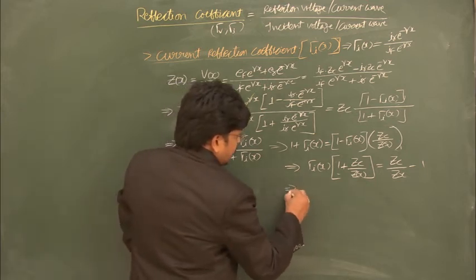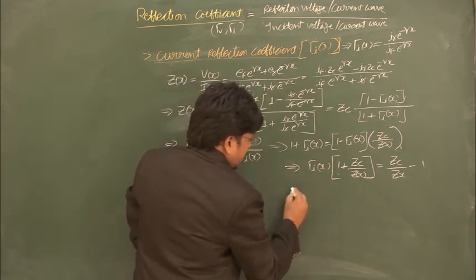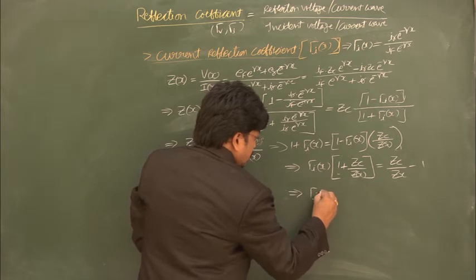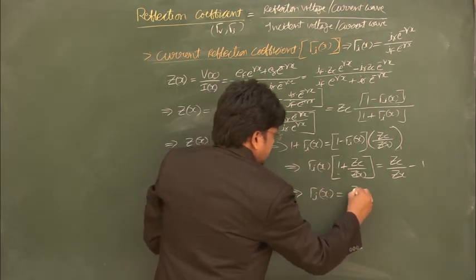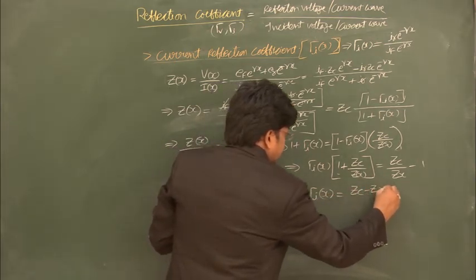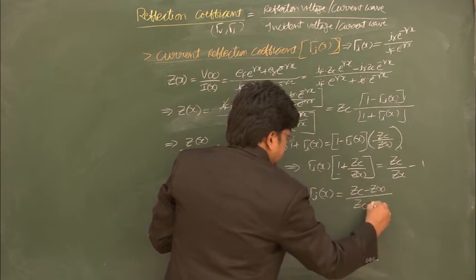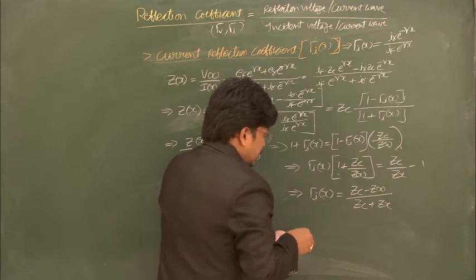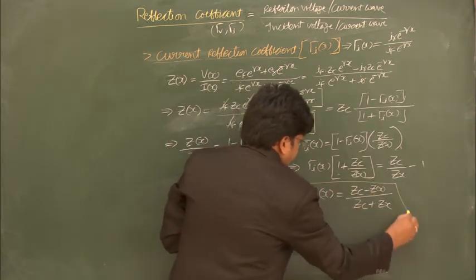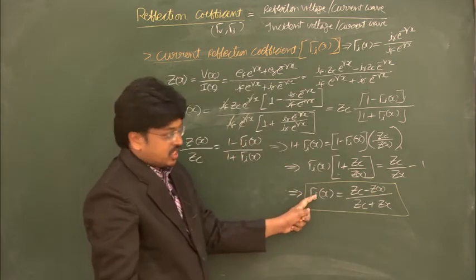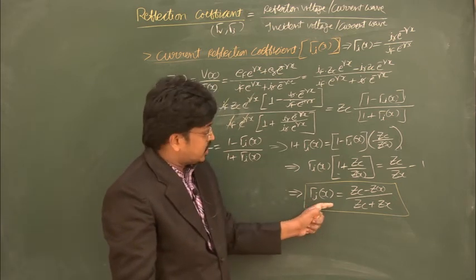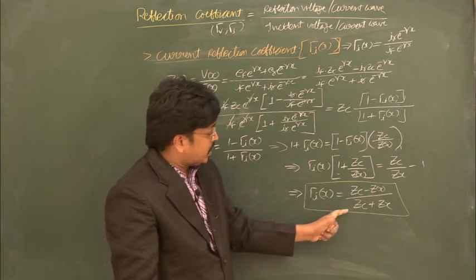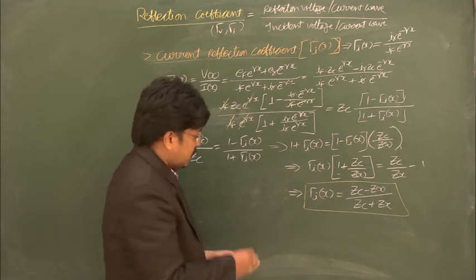Simplifying, eta I of x equivalent to zc minus zx by zc plus zx. This is the current reflection coefficient at x distance, equivalent to zc minus zx by zc plus zx.